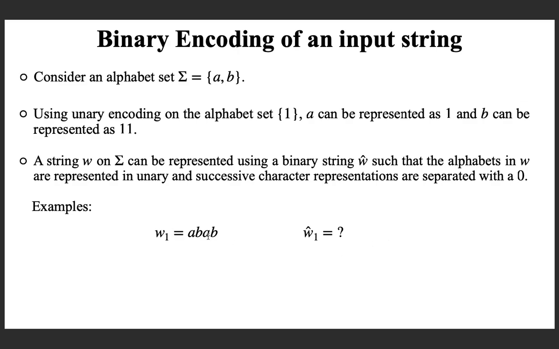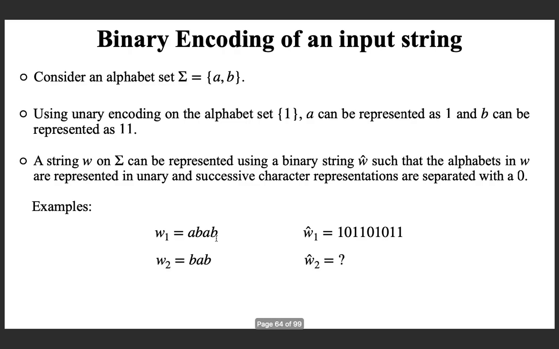W1 is ABAB: A is encoded as 1, B should be encoded as 1 1, and between these encodings you can have a 0. So it's like the unary encoding of A followed by a 0 followed by the unary encoding of B, followed by a 0 followed by the unary encoding of A, followed by a 0 followed by the unary encoding of B.